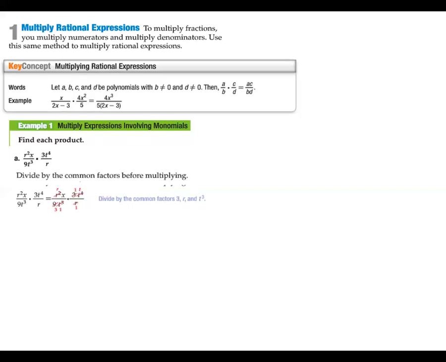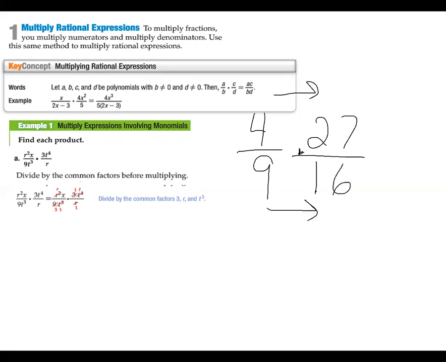So do you remember if, for example, when you had 4/9 times 27/16 or something like that? Well, you could multiply those straight across, and 4 times 27 and 9 times 16. Yeah, and then you'd have to reduce that. Or you could cross cancel the 4 and the 16, and that would make this 1 and that 4.